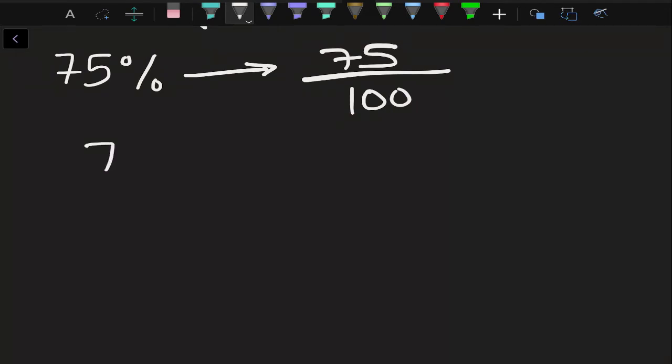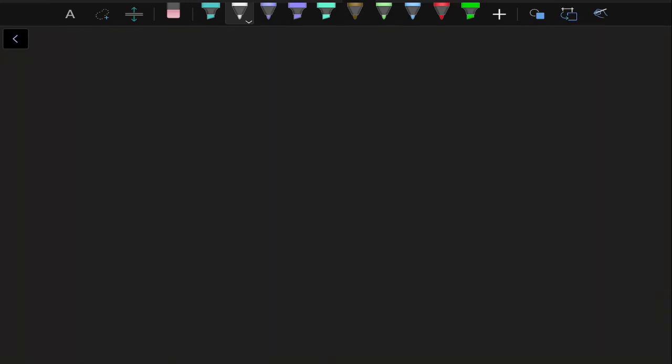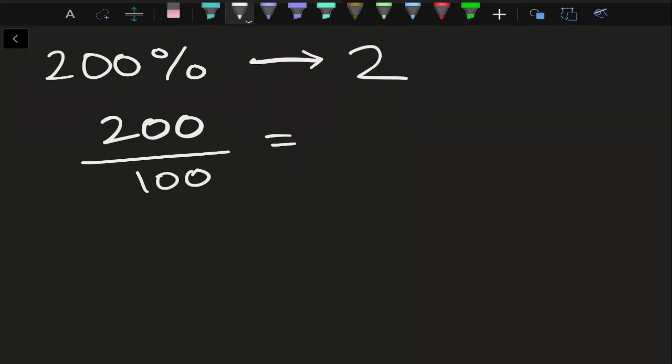Or we can also say 75 parts out of 100. And then the last thing I want to talk about here is 200%. This is really just 2. Because it'd be 200 per 100. If this is a division sign, 200 divided by 100 is really just 2.